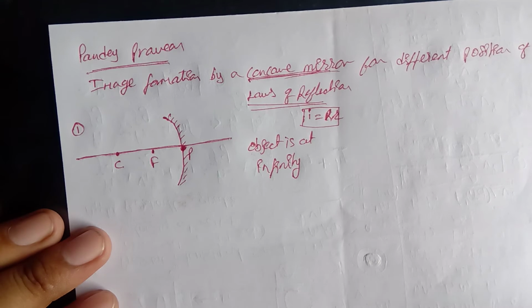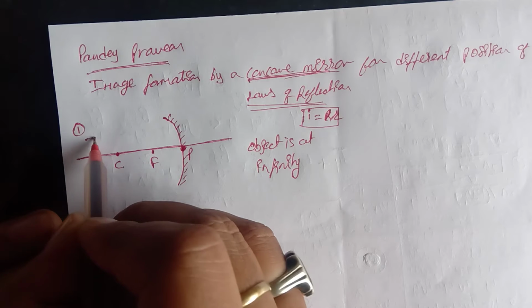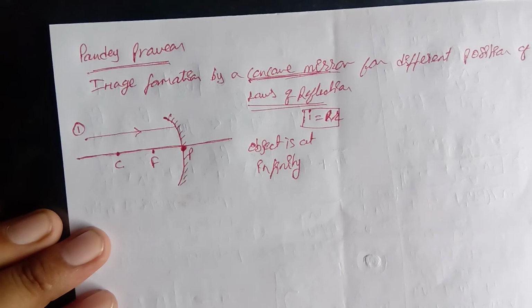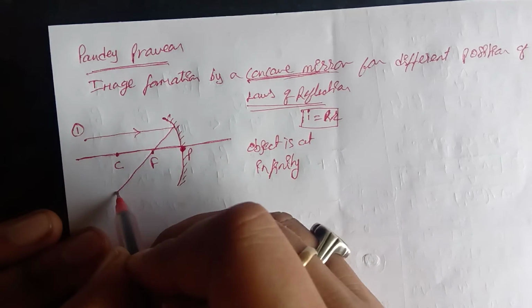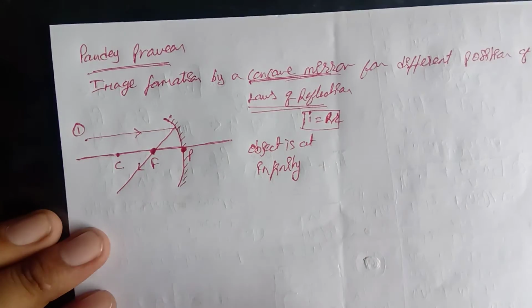See, whenever my object is at infinity, this is my object. So if my object is at infinity, then surely my image would be formed at focus F.